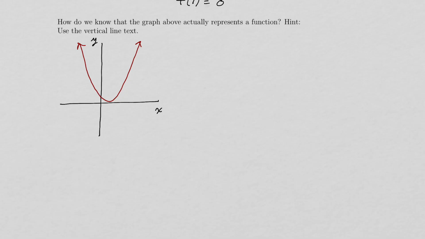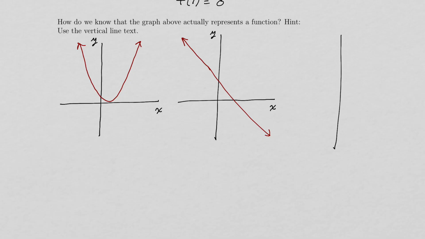Then let's say the graph is linear, so it does something like this. Oops, that wasn't very straight. It goes on forever. And then let's do one more. Let's say I have a graph of a circle. Let's say it does this.